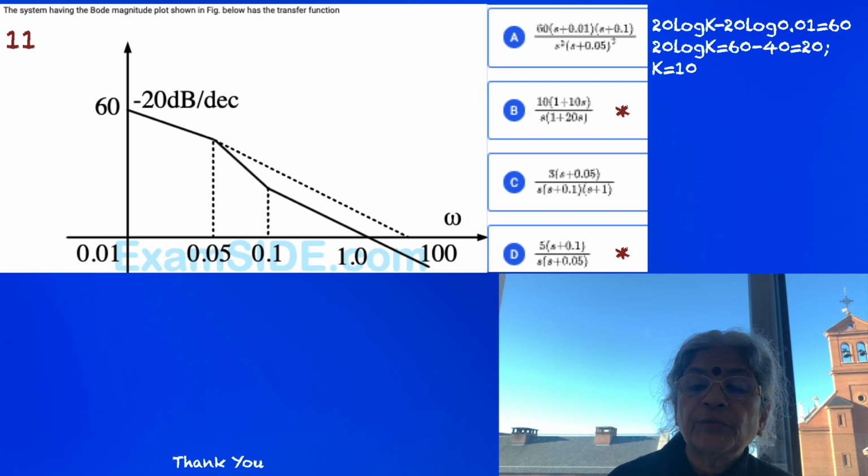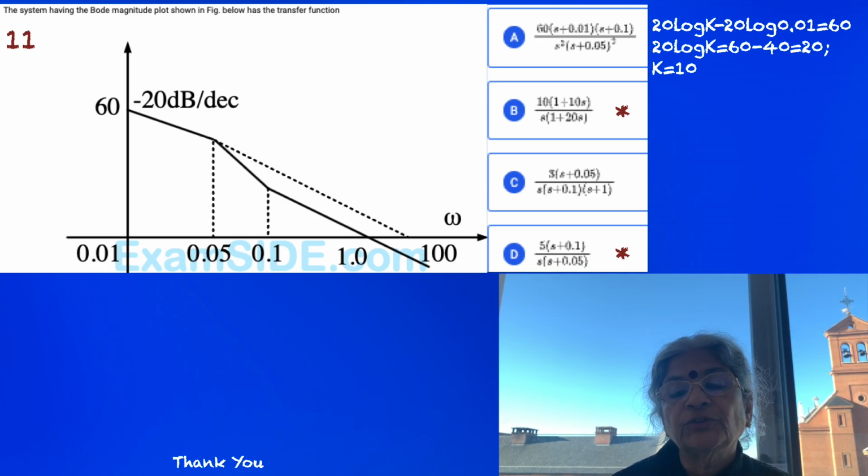On the other hand, if you pick out all the omega values from answer D, you see that 5 into 0.1 divided by 0.05 is also equal to 10. Okay, so both B and D happen to be true. This is an unfortunate circumstance. Perhaps you'll get marks for both the answers. Though in GATE examinations, I noticed that the problems are almost always perfectly given. Very rare mistakes are there.